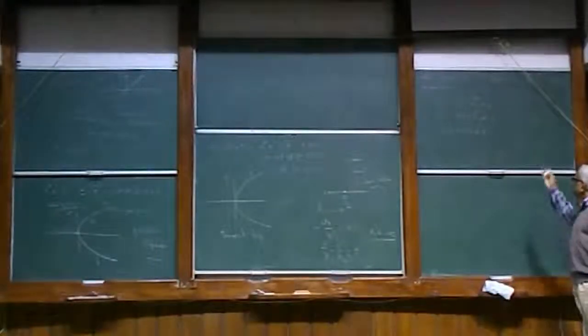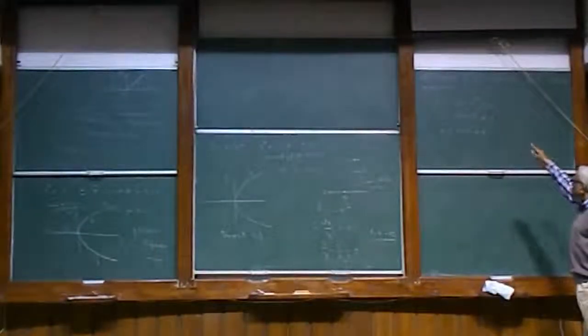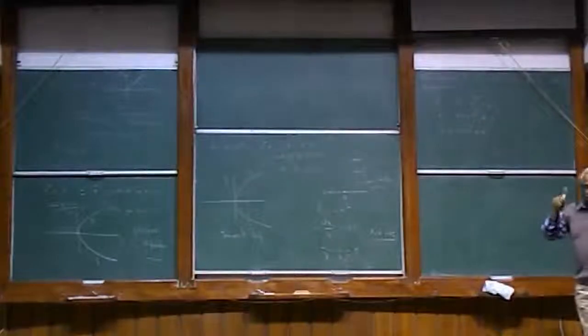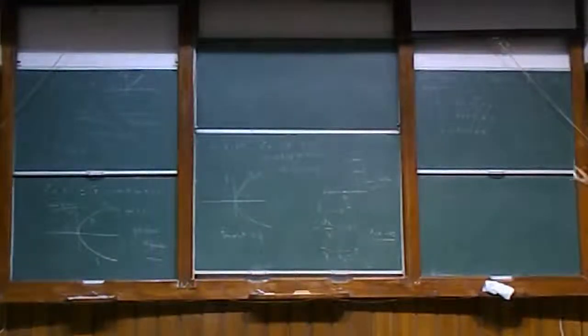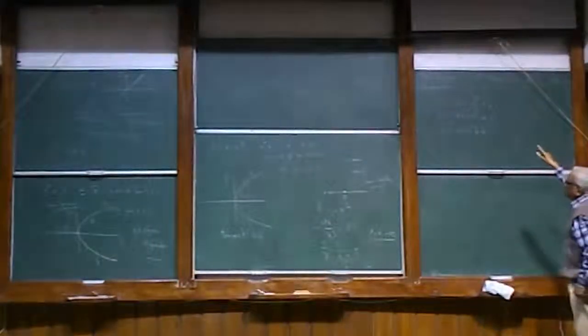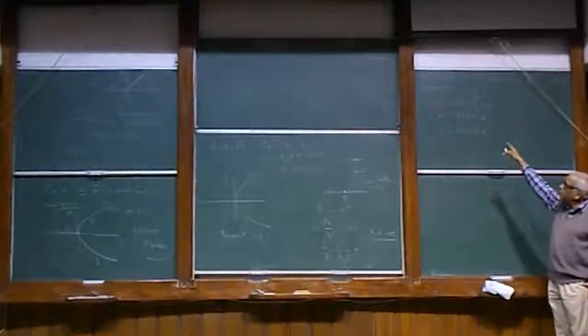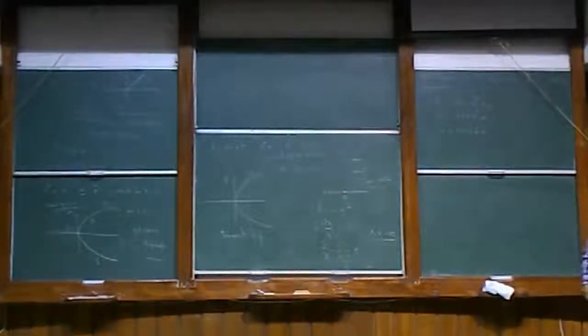So x dot equal to Rx. You see, there is a common theme between the first two, which we talked about a bit at the end of the last lecture, that in both of these, in the absence of epsilon, x equal to 0 is a fixed point of both these equations.